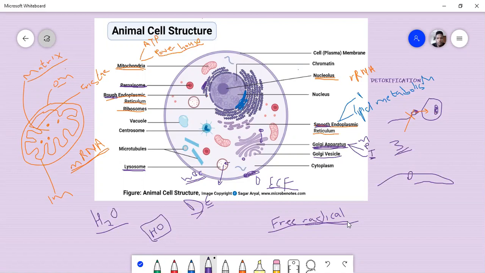For that one left electron. And free radicals can damage the structure of the proteins and nucleic acids. So that is why these peroxisomes have to take care of the free radicals. So when it comes into contact with a free radical, it destroys it. Because if it doesn't, that free radical, because it is so eager to find another electron, it can end up destroying your proteins and your nucleic acids.